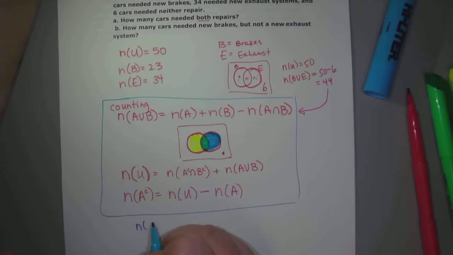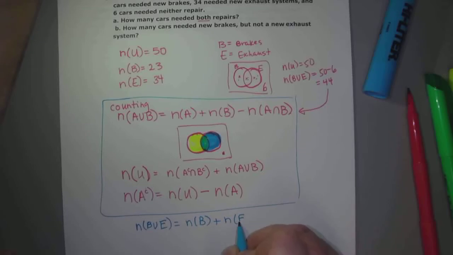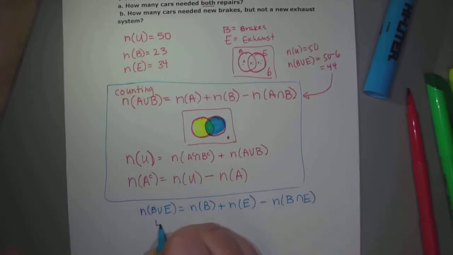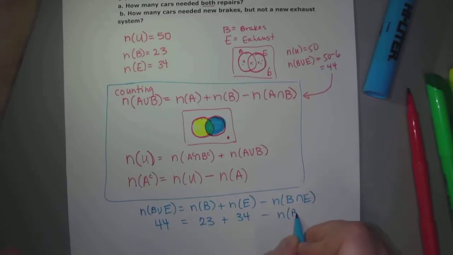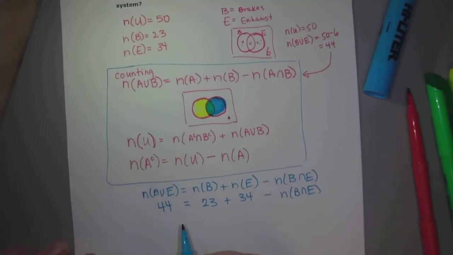So let's say the number in B union E is equal to the number in B plus the number in E, and take out that center because we would have counted it twice. So we found that this was 44. These were given as 23 and 34, and we want to find this one. So this is 44. 23 plus 34 is 57.